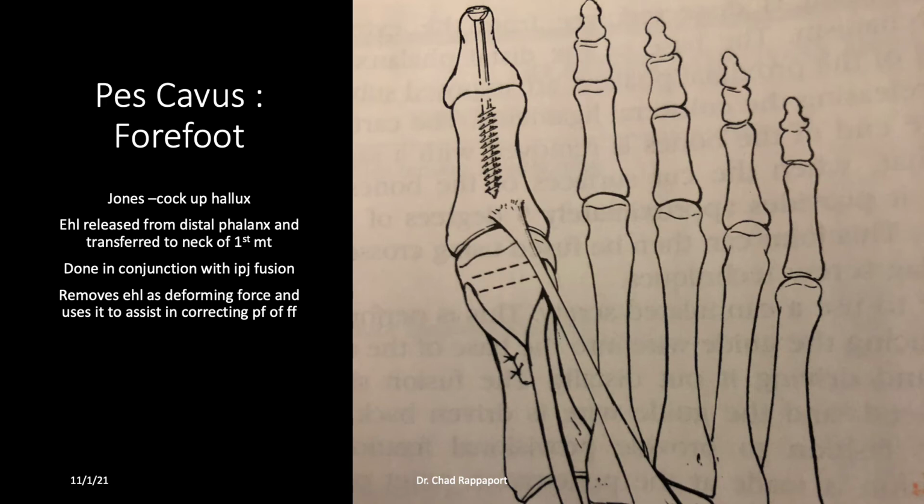The EHL is released from the distal phalanx and transferred to the neck of the first metatarsal through a bone tunnel, prototypically. It's done in conjunction with a fusion of the interphalangeal joint, and it removes the EHL as a deforming force and uses it to assist in correcting plantar flexion of the forefoot.